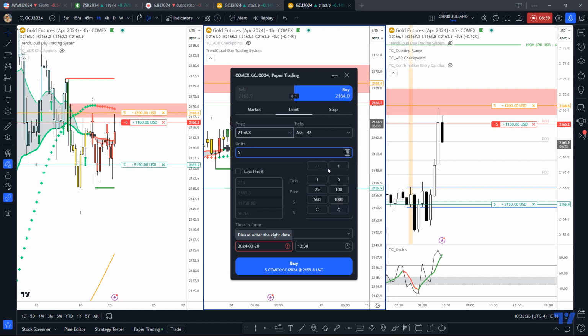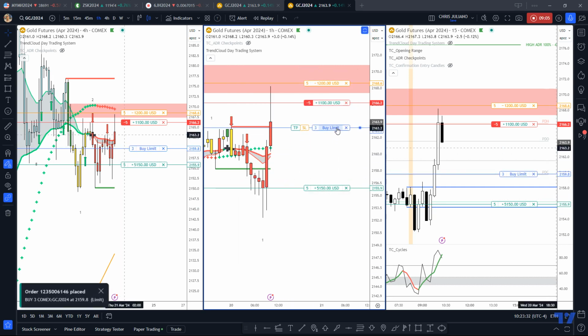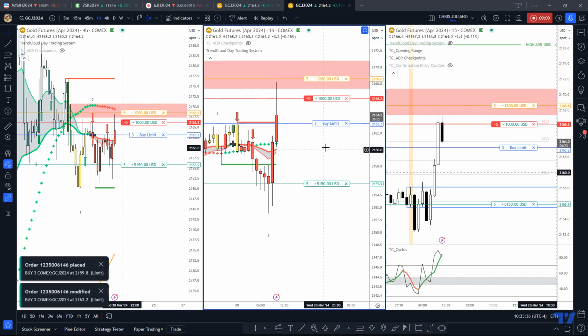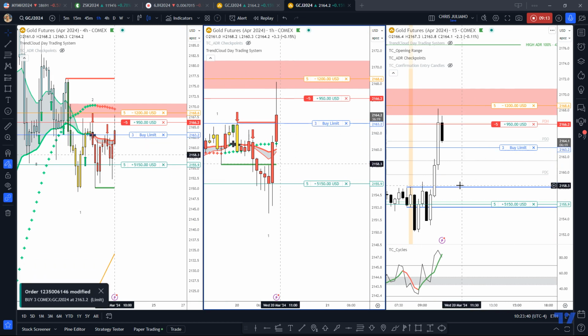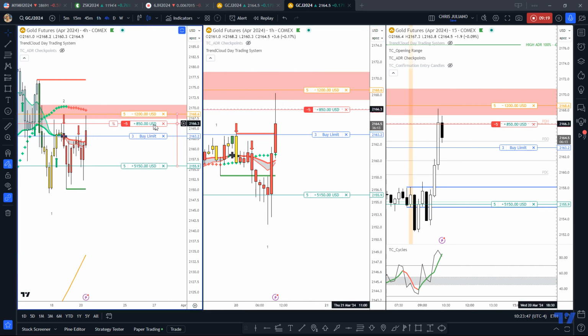Let's take off 3 contracts right there. And scale out of the position, right? That's what we want to do. We want to scale out of this position and capture all of the profits. That's how you make money in the futures market.